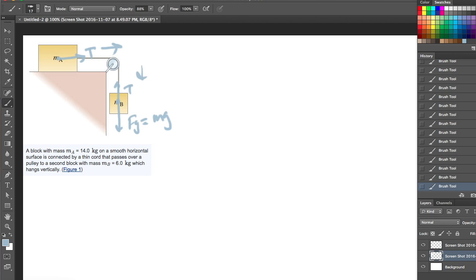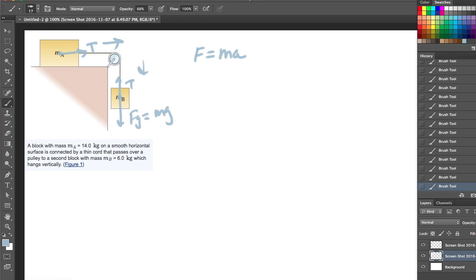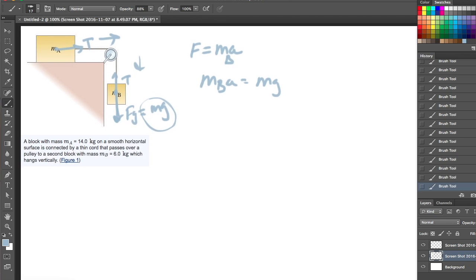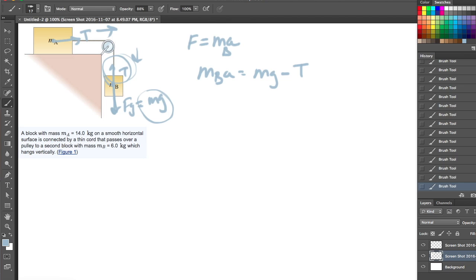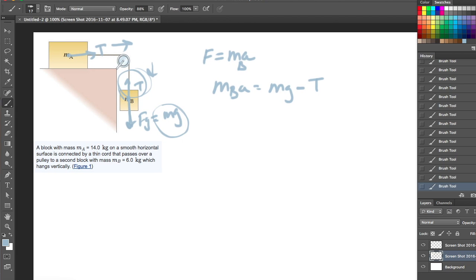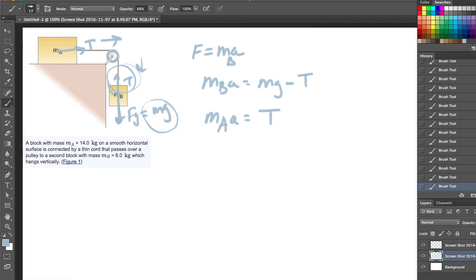Then we have to find our formulas. We know that F equals MA, and of B in particular here. Using this free body diagram, MB times A is equal to MBG, considering that this force going down is winning, minus the force in the opposite direction, tension. For block A, the equation is MA times A equals just tension.